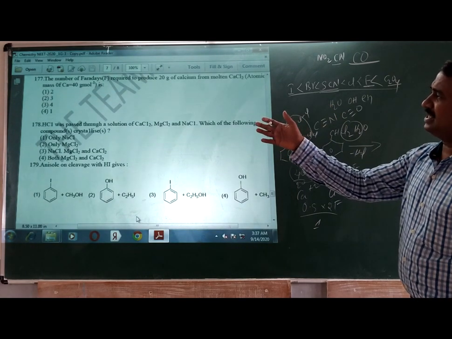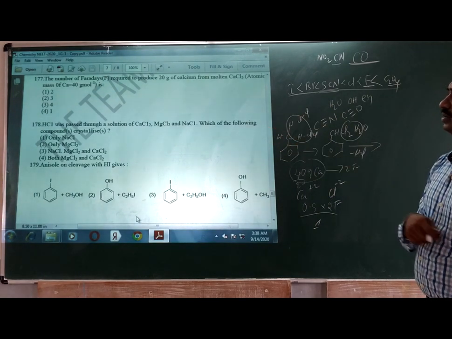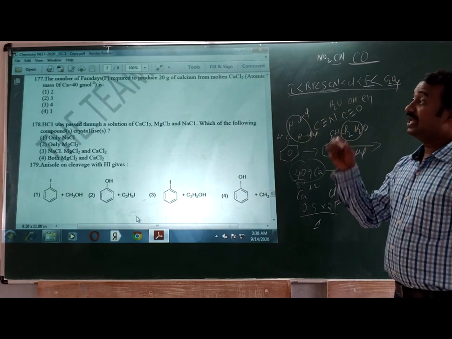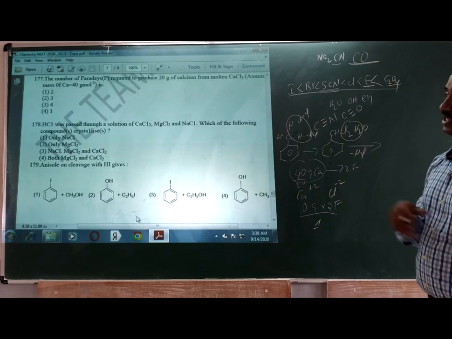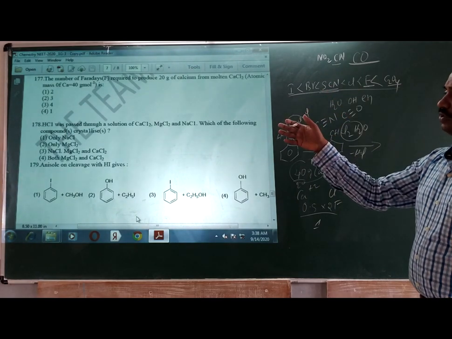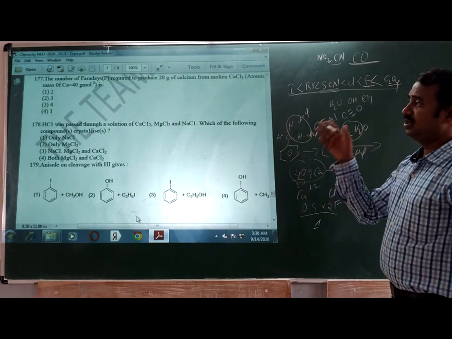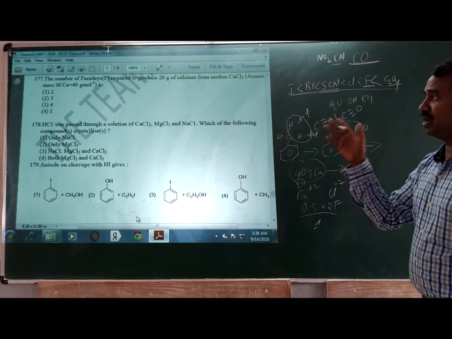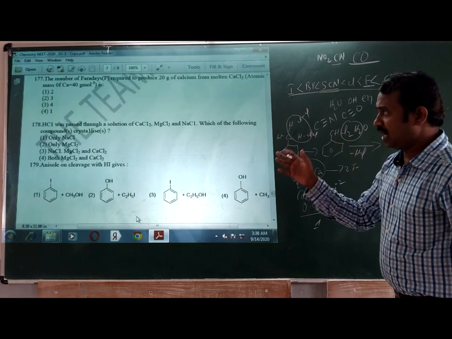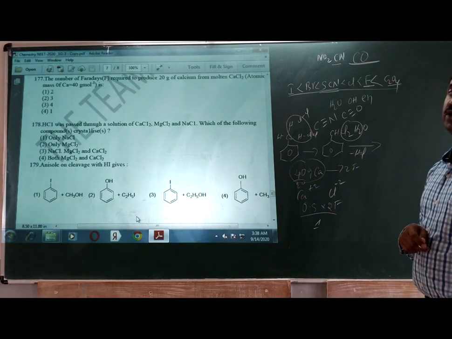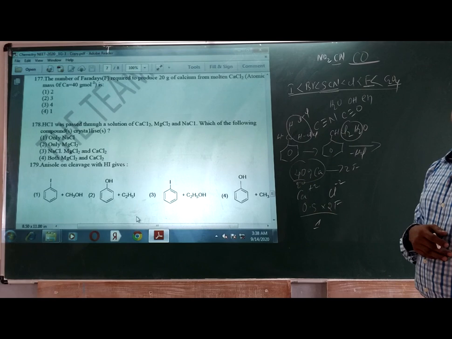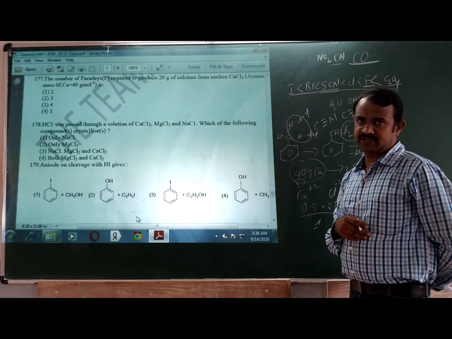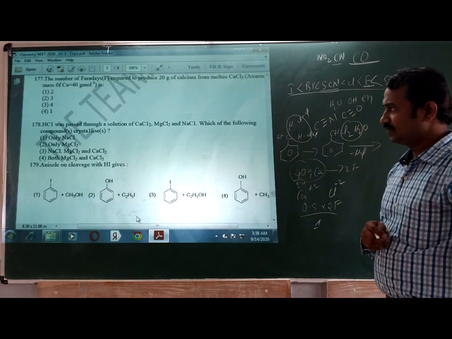Which compound crystallizes because of insolubility in hydrochloric acid: only sodium chloride, only magnesium chloride, sodium chloride and magnesium chloride, or both magnesium chloride and calcium chloride? On the basis of crystallization and solubility, only sodium chloride is the correct answer.